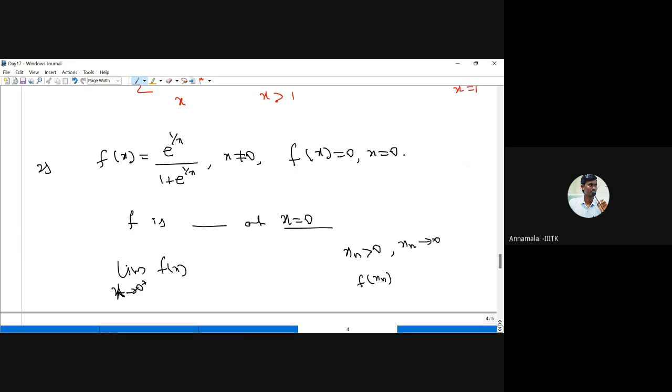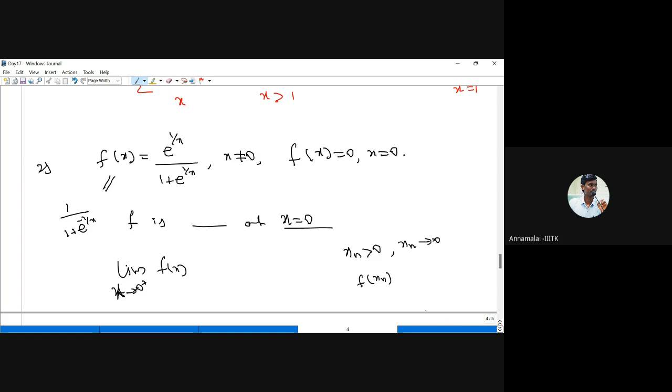If you are getting confused, you can cancel this e power 1 by x. You can take e power 1 by x common from the denominator and cancel it. So you can rewrite f of x as 1 by 1 plus e power minus 1 by x. Now tell me, if xn goes to 0, what is f of xn?